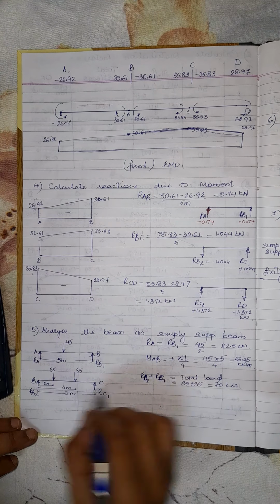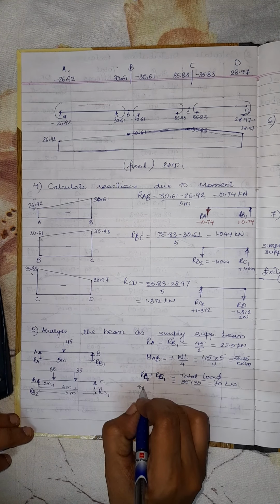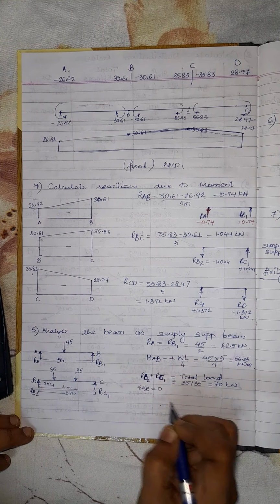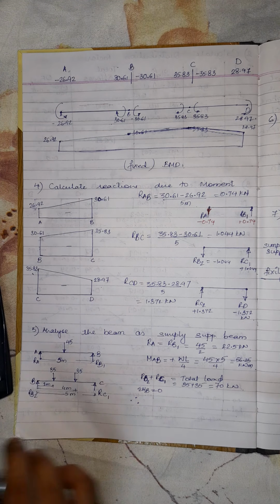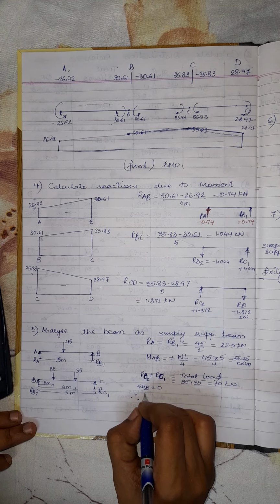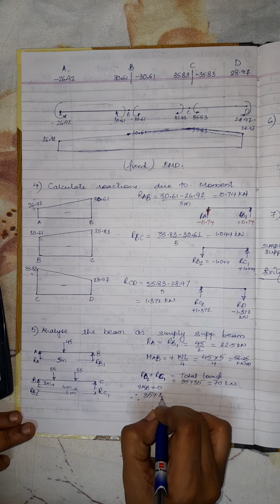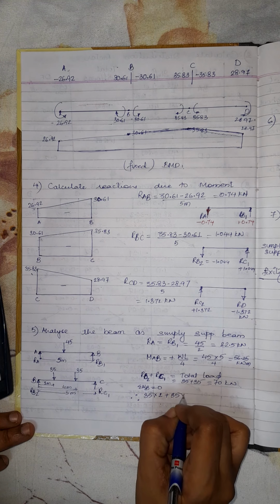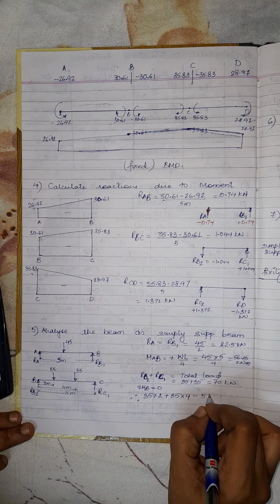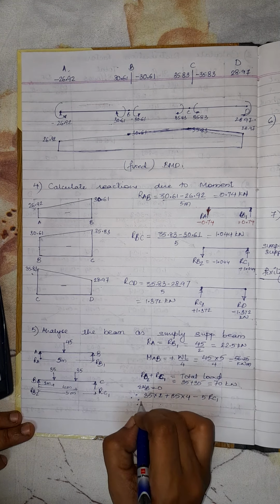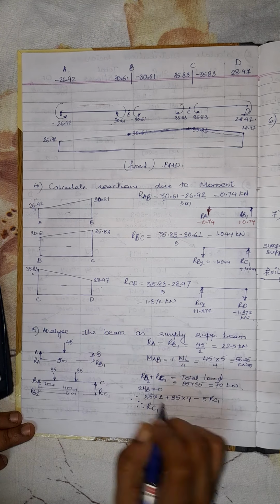Now take the moment about this point, summation of all the moments at B equal to 0, and we have to calculate. So how much is that? 35 into 2 plus 35 into 4 is minus 5 times RC1. So what is the RC1 value?